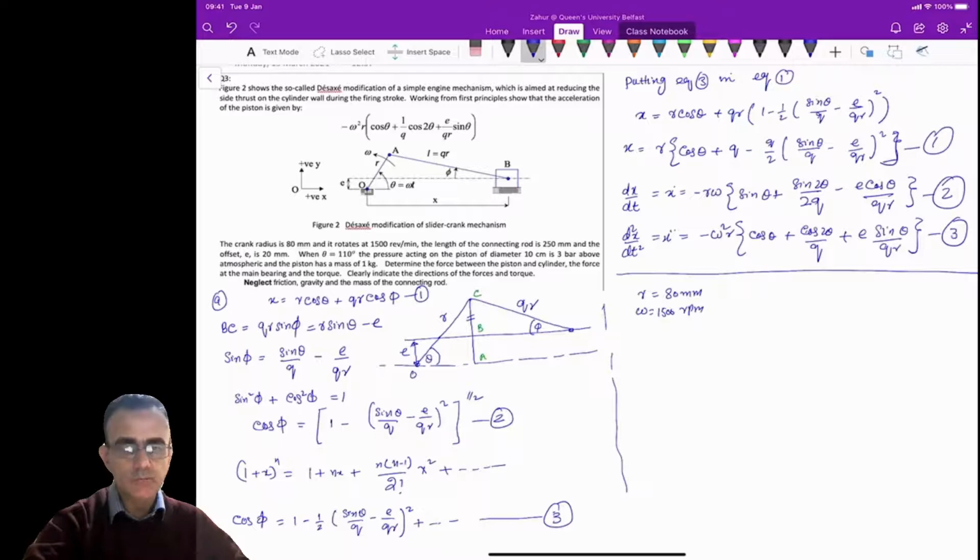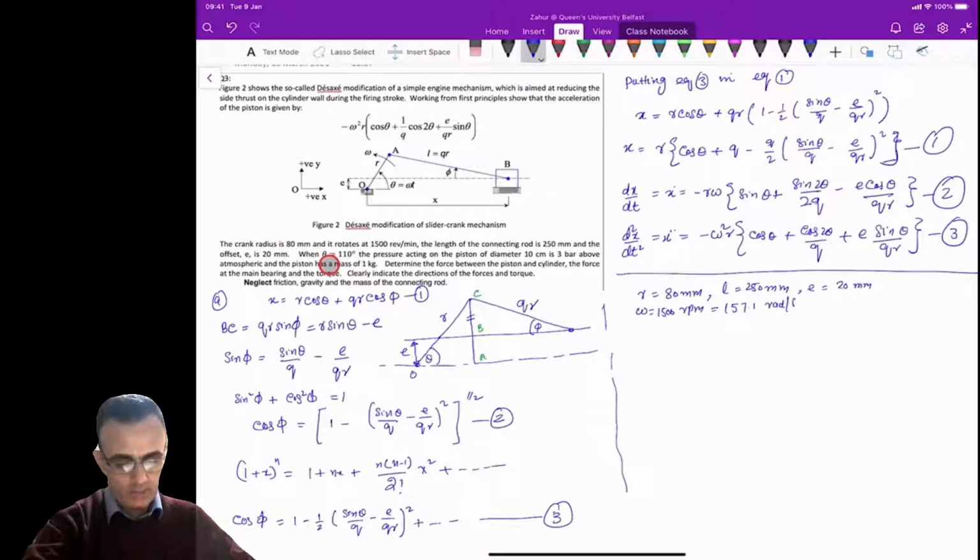So obviously you will need to convert this into radian per second, which will become 157.1 radian per second. And the length of the connecting rod is given, L is 250 mm. And the offset e is also given, which is 20 millimeter.